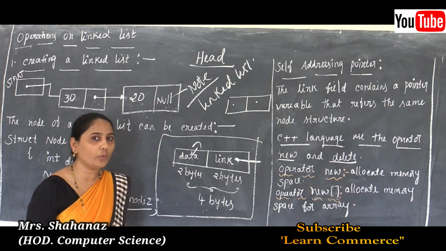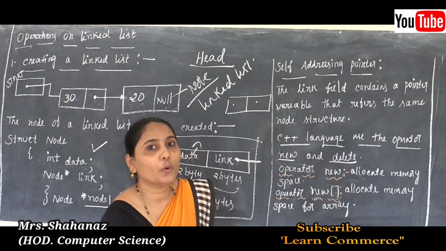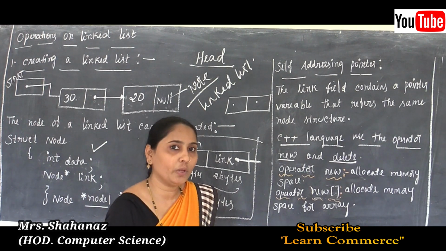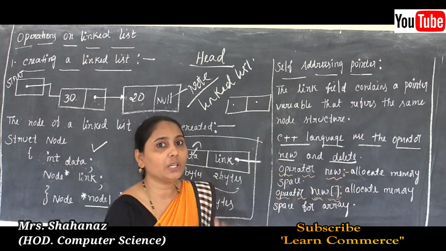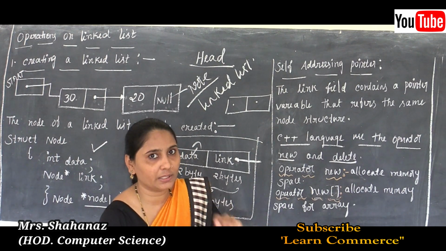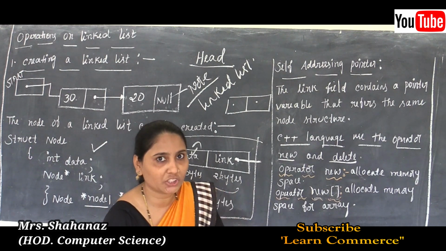Why are we using the new and delete operators? Because the program may need dynamic memory allocation. Now, what do you mean by dynamic memory allocation? If you want to add one extra node into the linked list, this is called dynamic memory allocation.